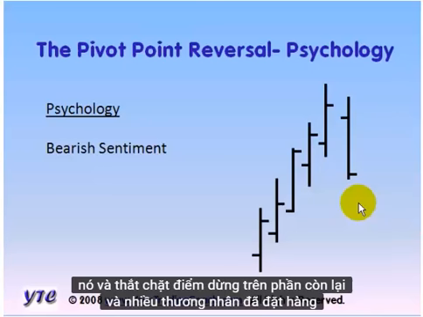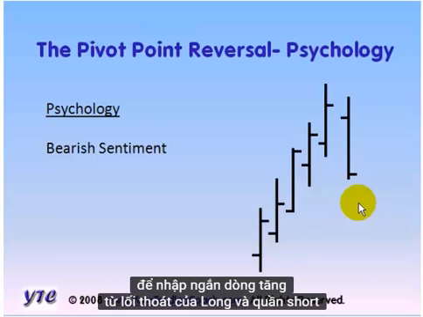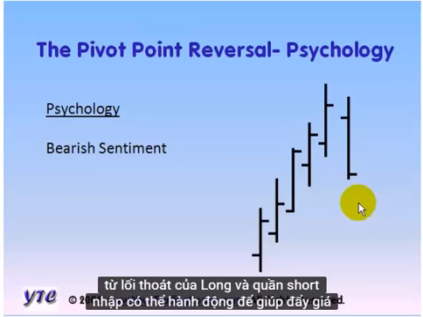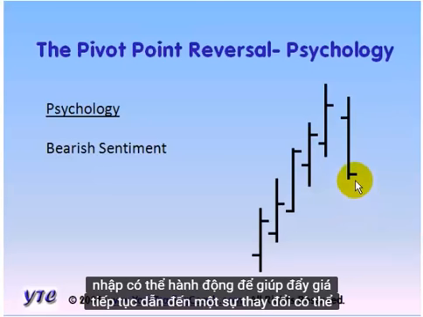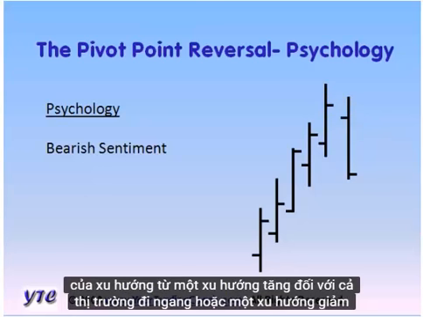And many traders will be placing an order to enter short. The increased order flow from the longs exiting and the shorts entering can act to help propel price further down, leading to a possible change of trend from an uptrend to either a sideways market or a downtrend.